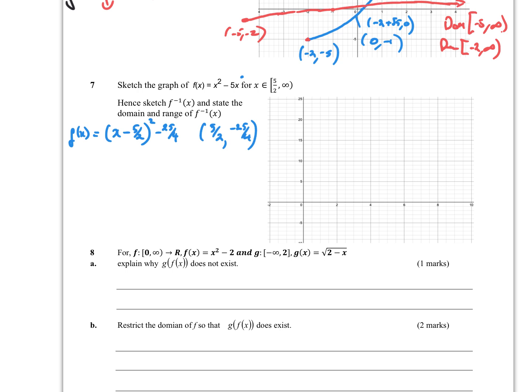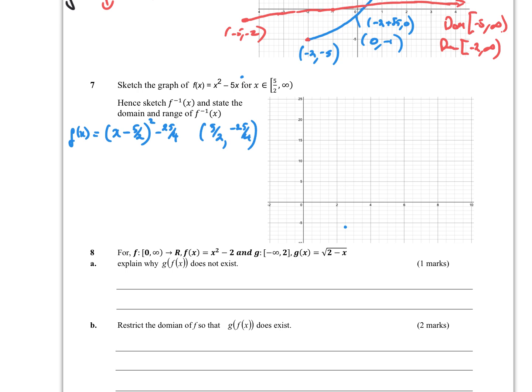So where's that? 2.5, -25 on 4 is about -6, -6 and a bit. So what's 5 on 2? It's 2.5, that's 3, so that's that one there. So we'll call it about there. If I put x equal to 0, y is equal to 0.